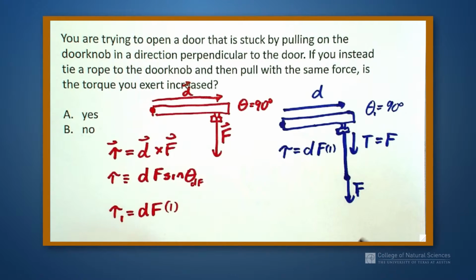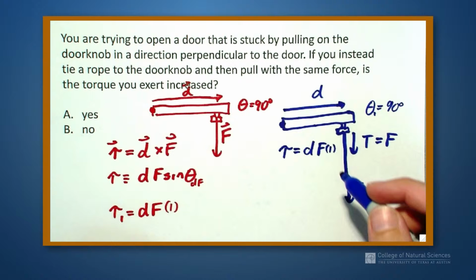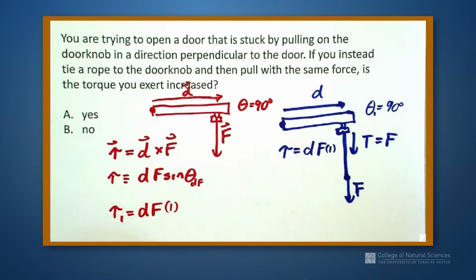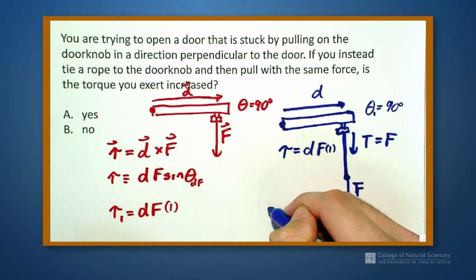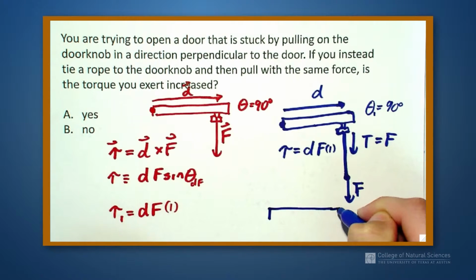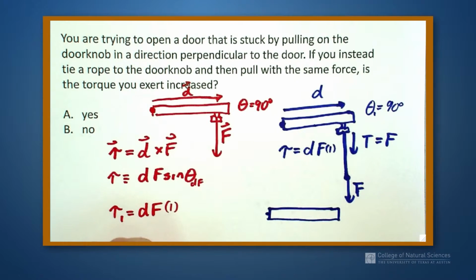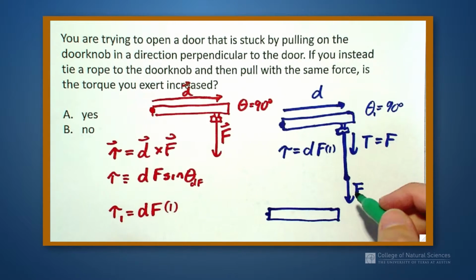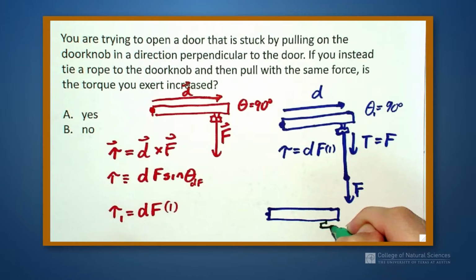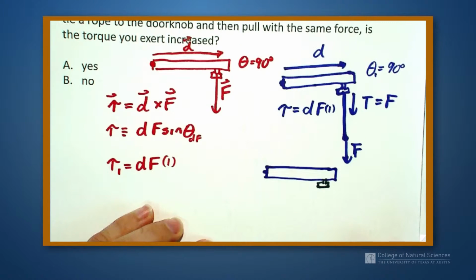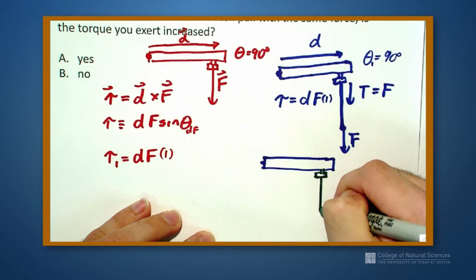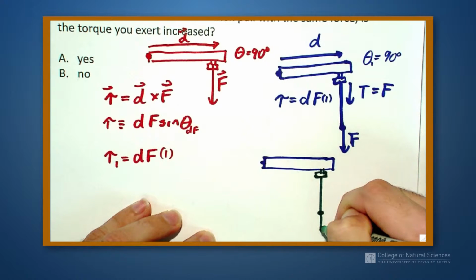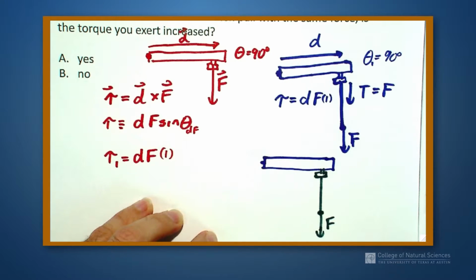Some people solve this a slightly different way though. Some people will look and say, hey, that's not where the force is attached. The force is attached at a slightly different distance. And I should have drawn this in a different color. I'm going to change to green. So I'm going to attach to my doorknob, and I'm going to look at a string attached and then have my force attached to it.